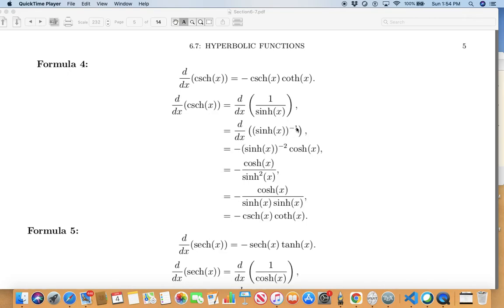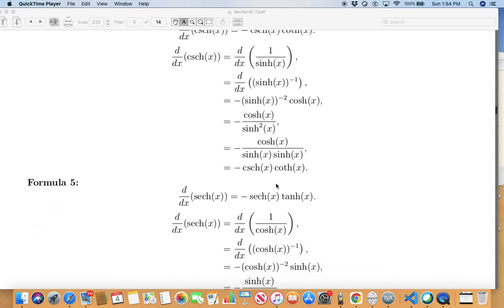When I take the derivative, the minus comes down: sine hyperbolic x to the power negative 2. Chain rule: the derivative of sine hyperbolic is cosine hyperbolic, so you multiply by that. All of this amounts to negative cosine hyperbolic x over sine hyperbolic squared x.